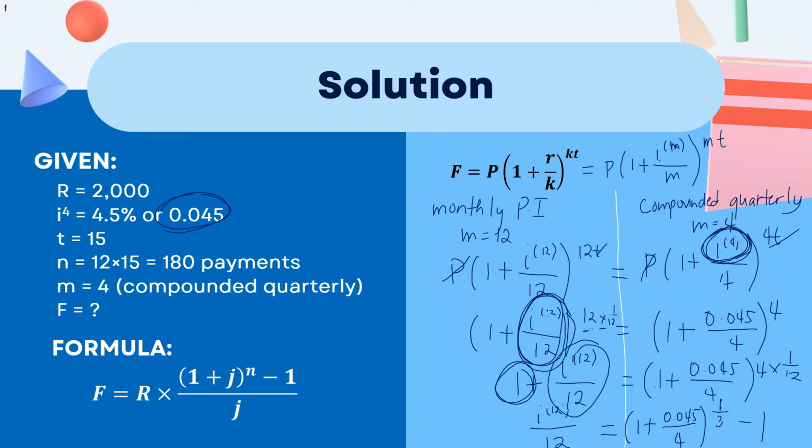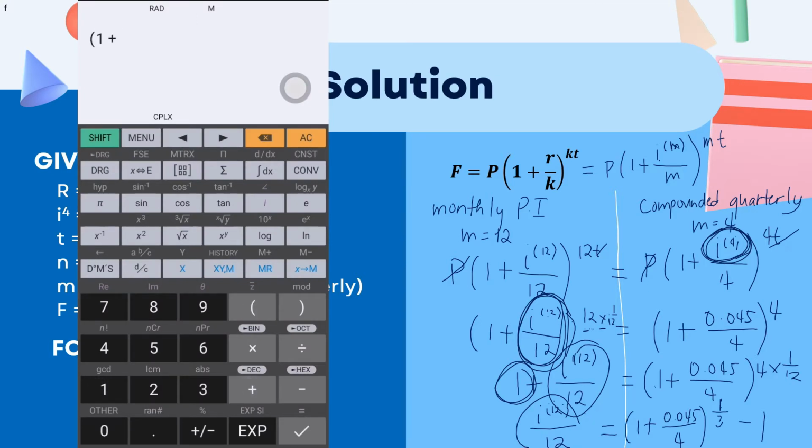Tapos pwede nyo na idiretso yan sa calculator para malaman na natin yung equivalent rate. So, that will give us 1 plus 0.045 divided by 4, raised to 1/3, minus 1.